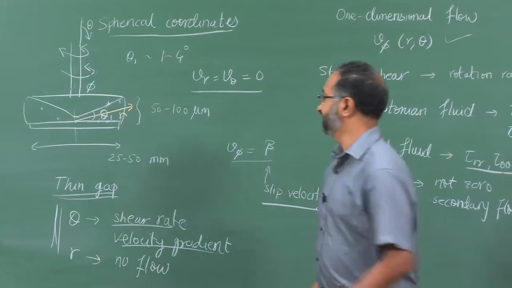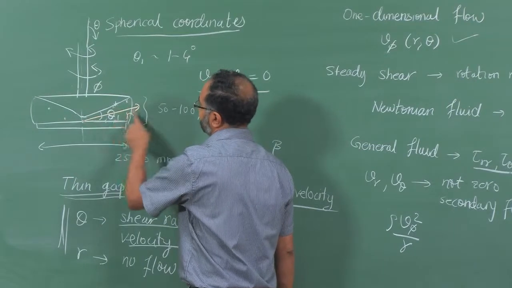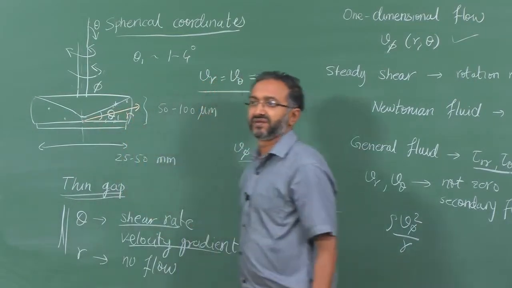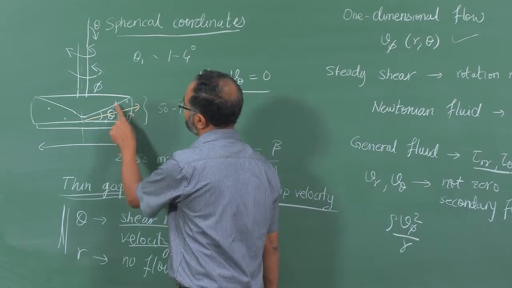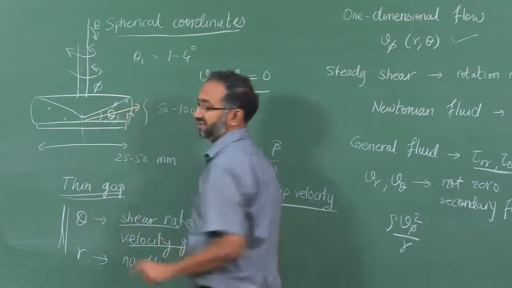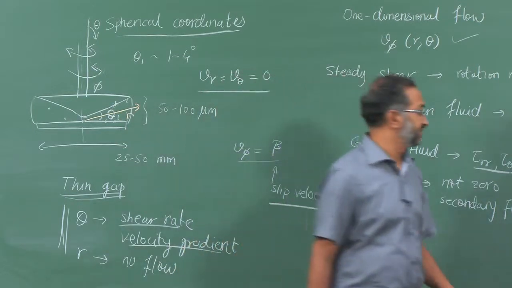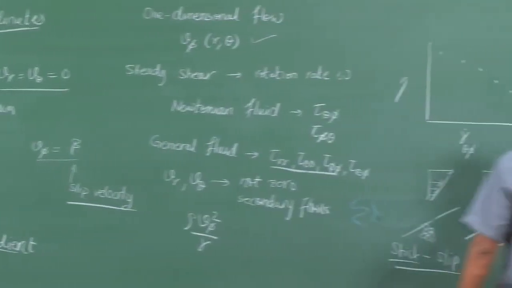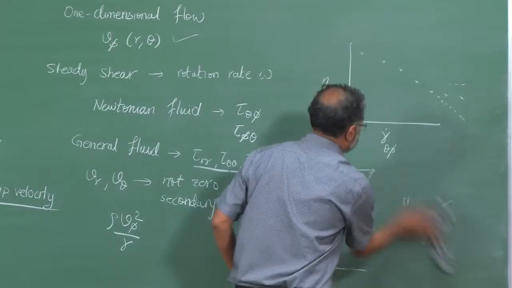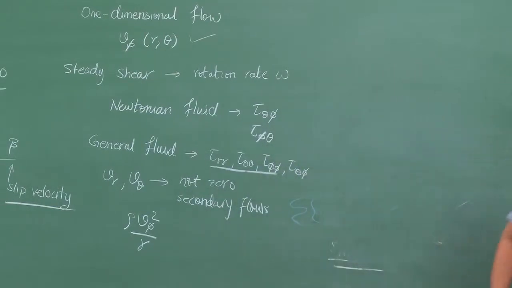V phi varies from 0 to r omega in distance r. Similarly, V phi varies from 0 to r omega in the distance r theta. So, by doing order of magnitude analysis, we can see that the variation is much higher in the theta direction and very low in the r direction.